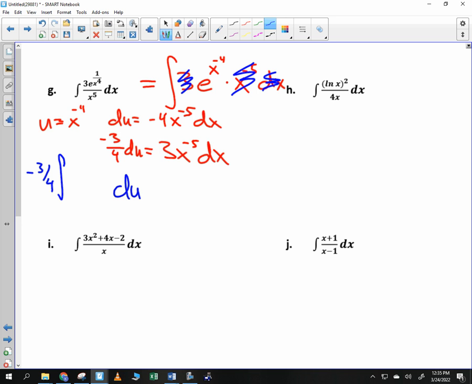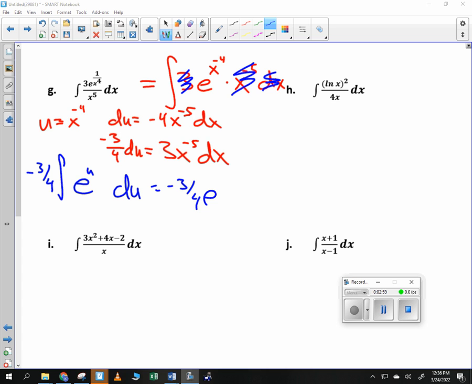What remains? e to the u. All right. So now the integral becomes extremely simple. We've got negative 3/4 e to the, and my u value is 1 over x to the fourth, plus a constant.